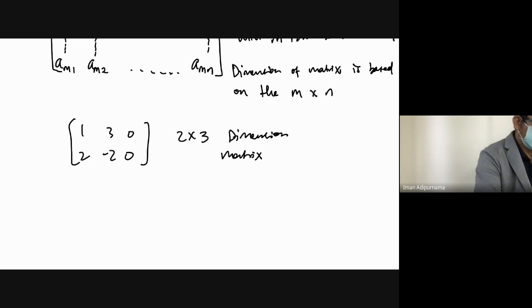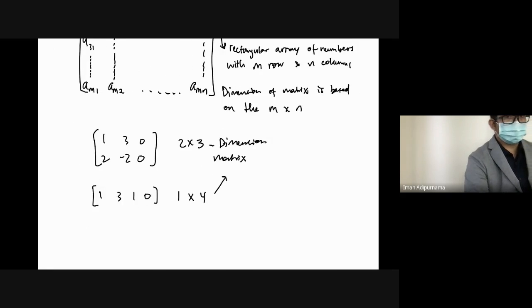If you have just 1, we can have 1 also, like 1, 3, 1, 0. This will be 1, 4, okay, the dimension of the matrix.